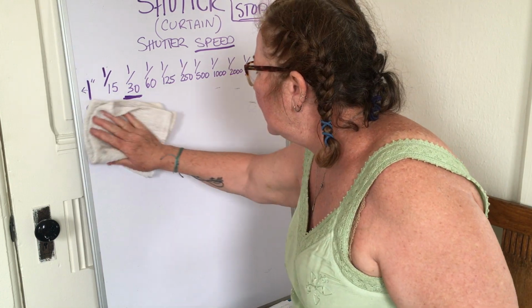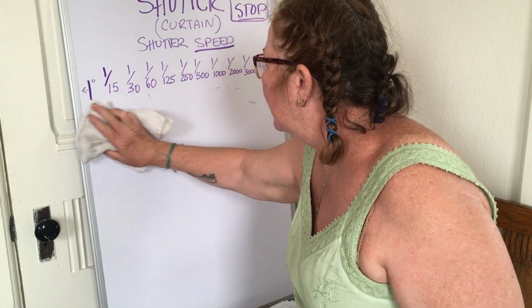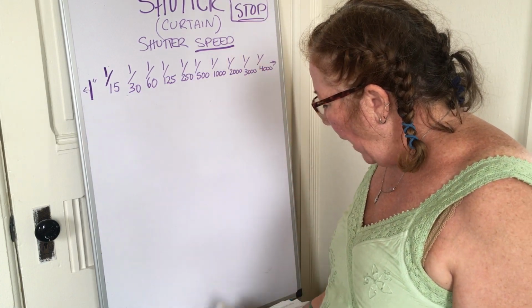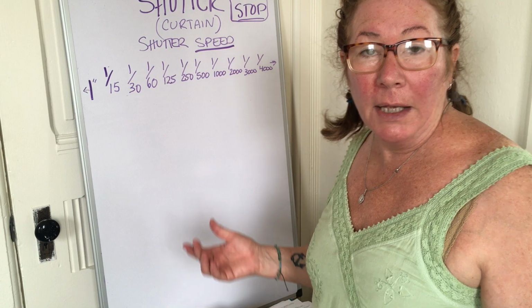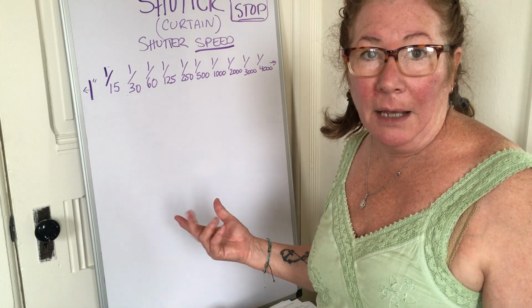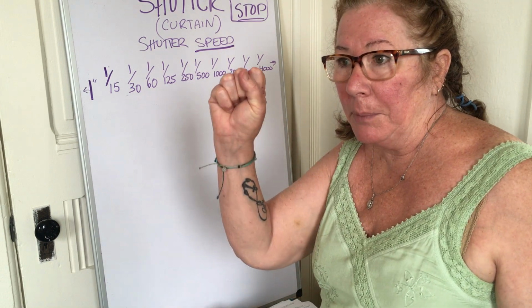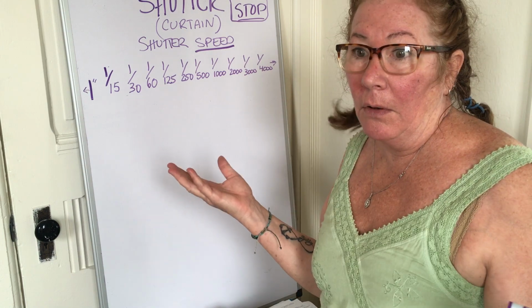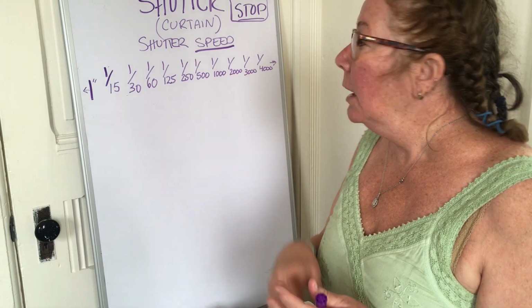So let's talk a little bit about how the shutter works, okay? In conjunction, why do we have those two separate controls that control the amount of light coming into the camera? Why do we have an aperture and a shutter speed? Why not just have one thing that opens up and then closes, boom?